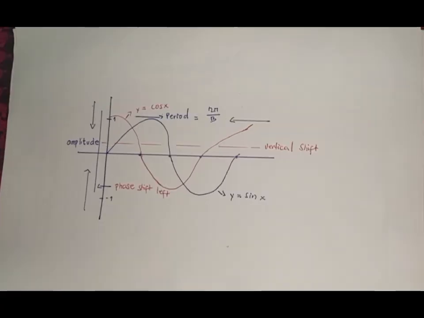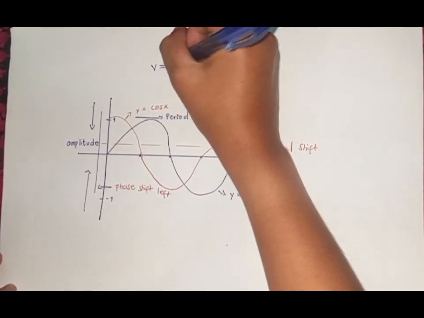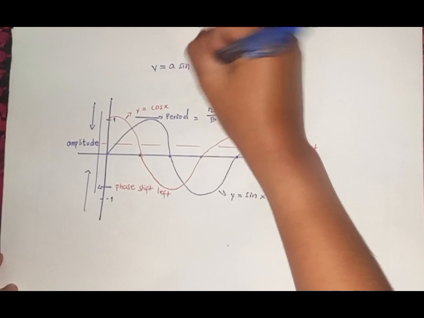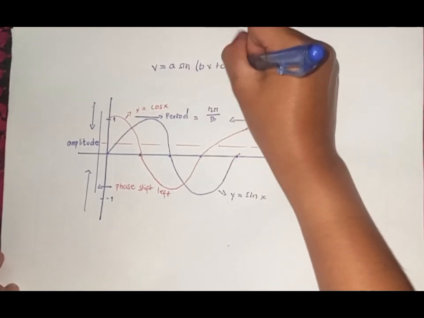To begin with, let's talk about the general form of the cosine and sine functions. So for sine, we have y is equal to a sin(bx plus c) plus d.